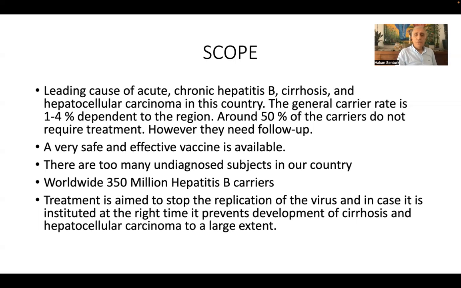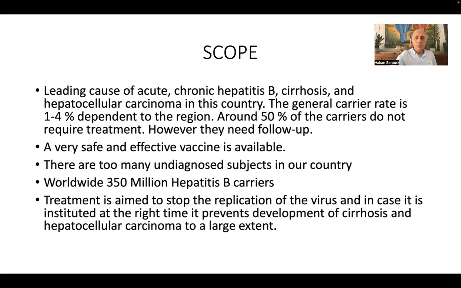A very safe and effective vaccine is available, so its incidence is decreasing. Say 20 years ago in this country, the prevalence rate for HBsAg positivity was like 10%. Now it has dropped by half. And in our country, there are too many undiagnosed subjects.